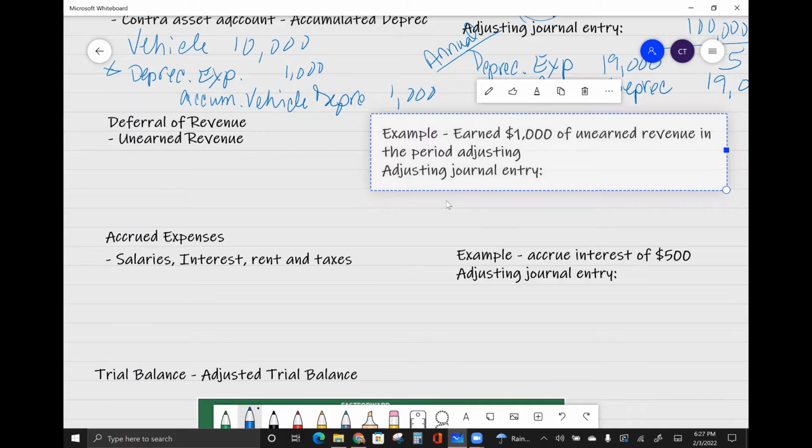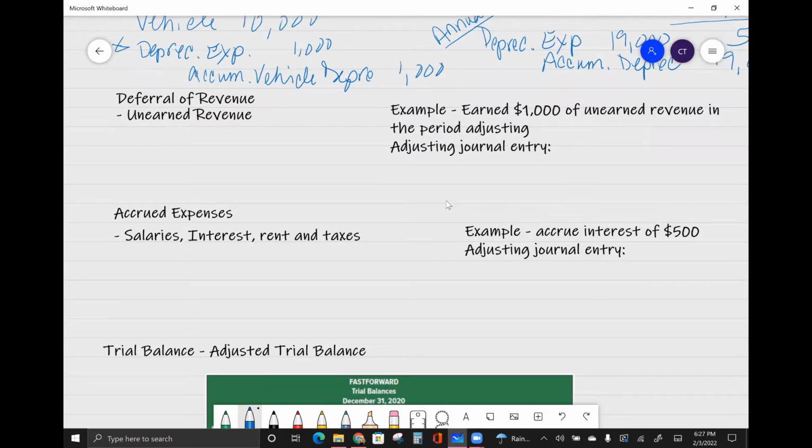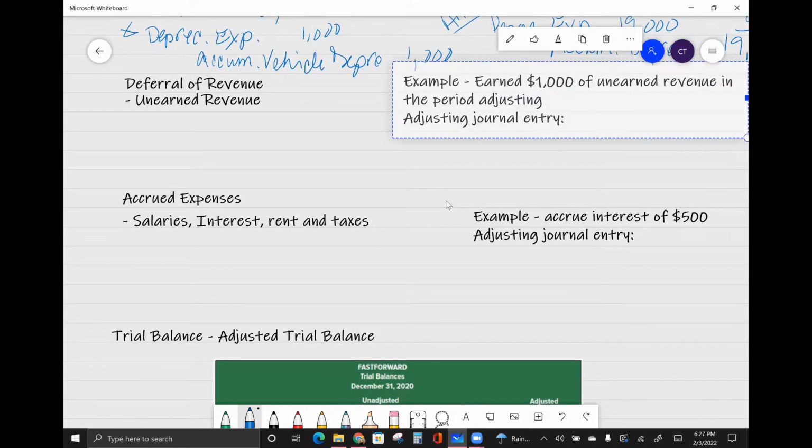So maybe I collected some money up front for services that I was going to provide for accounting. So now I went to the place of business, I performed my services. So now I know that I can claim $1,000 as income.